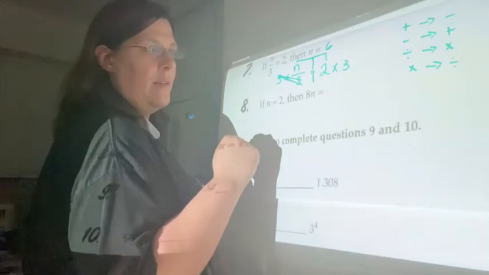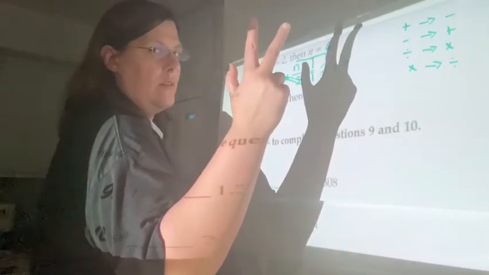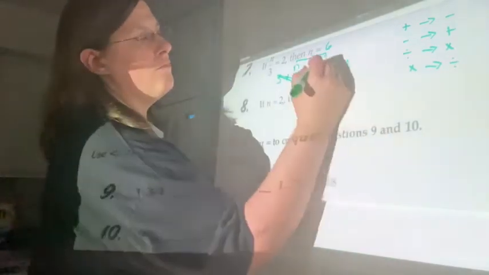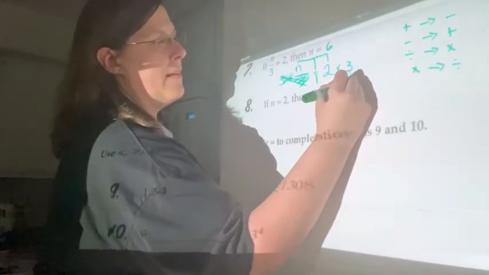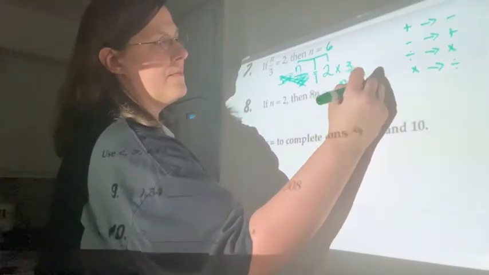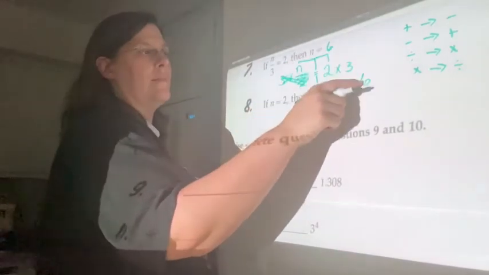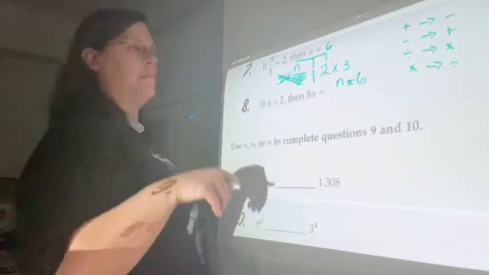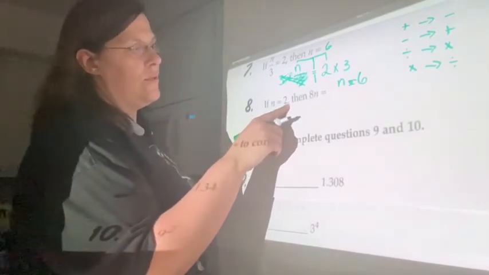Skip counting. 2, 4, 6. If this stuff went away, n equals 6. Did we do it right? Of course we did it right. Excellent.